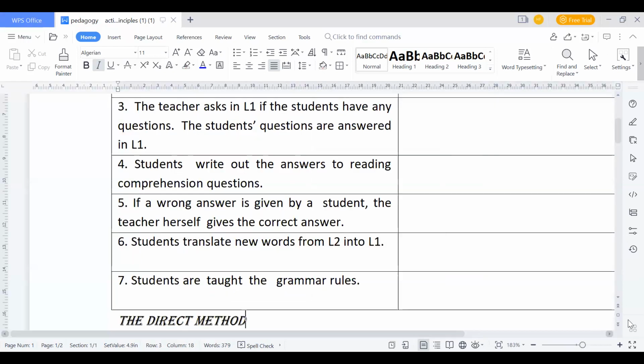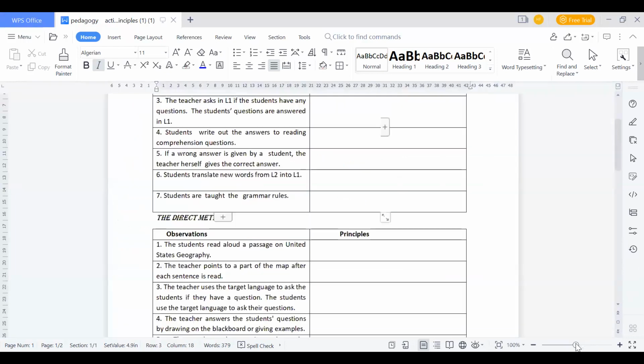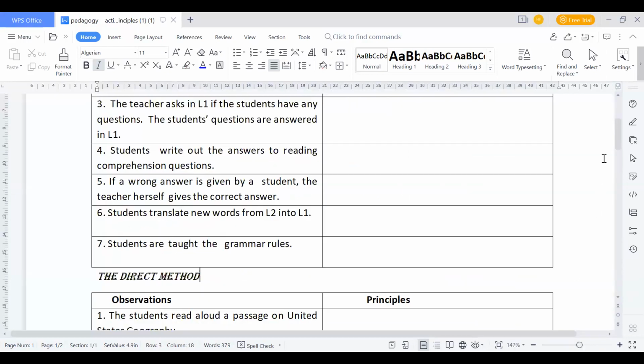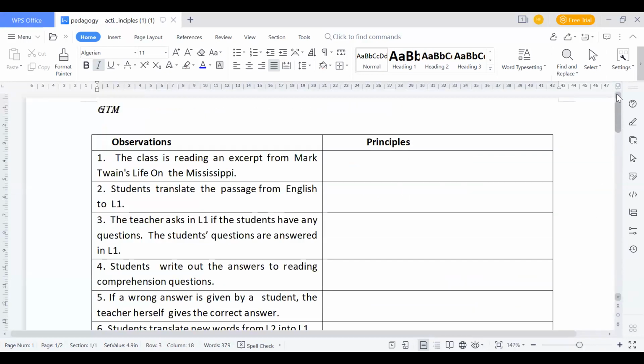Yes, ma'am. Now you all have to see these classroom observations. This is a grammar translation method class, and Larsen and Freeman have made classroom observations. You have to look at the classroom observation and tell why that happens in a grammar translation method classroom.